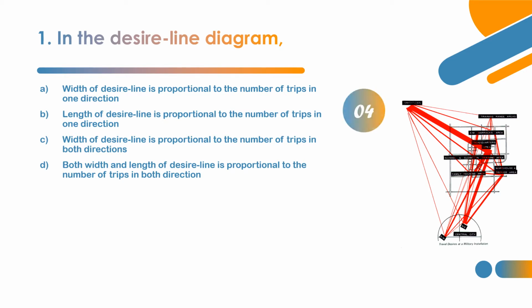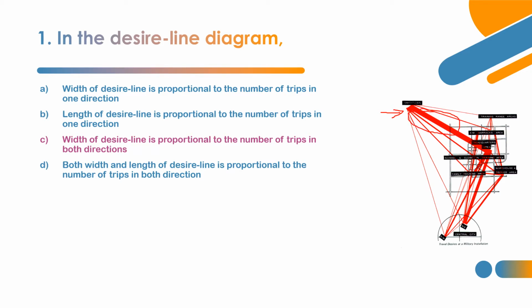Actually, the desired line diagram is found in OD studies, origin and destination studies. The desired line is nothing but a line in which the width of the desired line is proportional to the number of trips in both the directions. So you can see in this diagram, this line has more width.